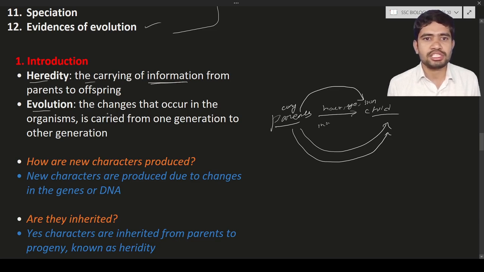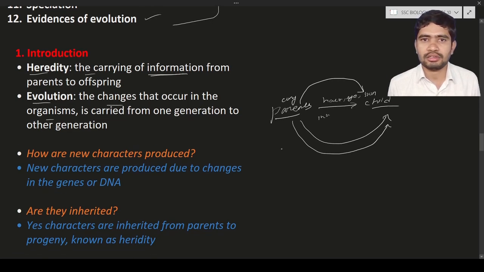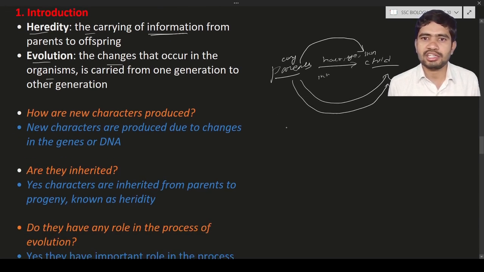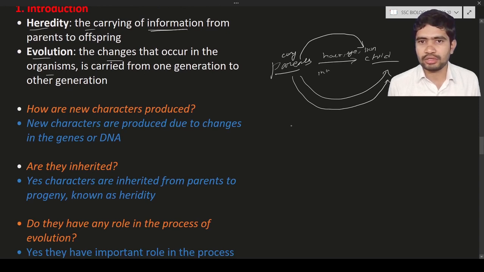And next, evolution. Evolution means the changes that occur in the organism, and it is carried from one generation to another generation. Let us consider in the olden days, around 10 to 50 generations ago, the grandparents had some characteristics, like high muscles, very huge hair, and high body mass, and so on.